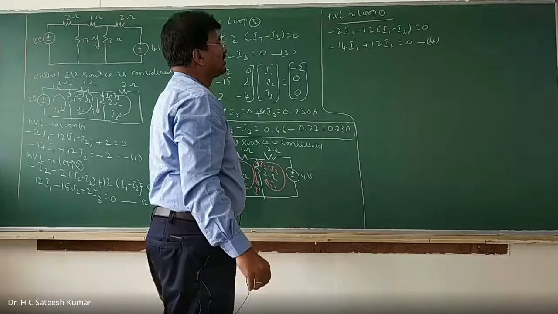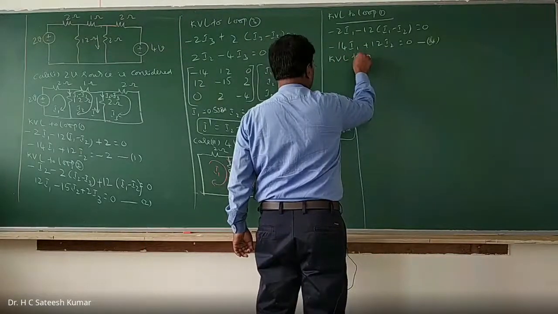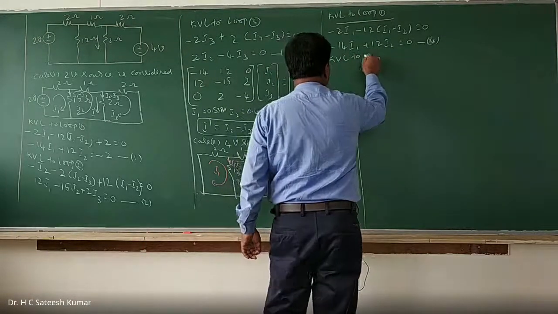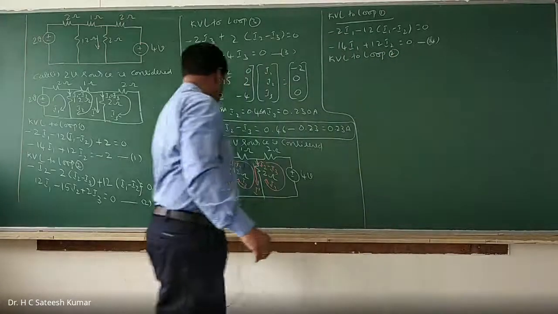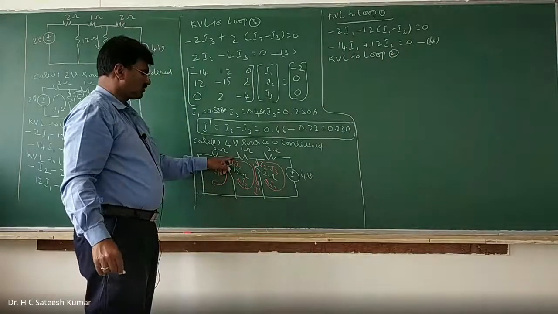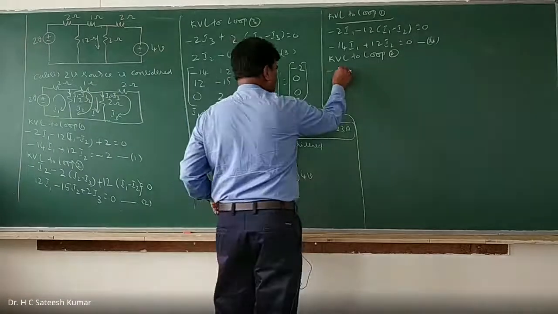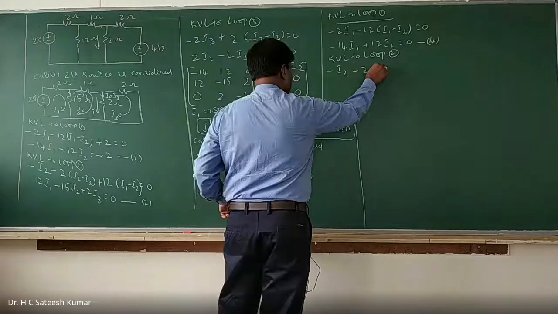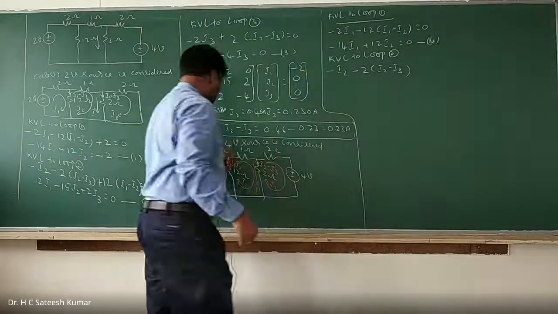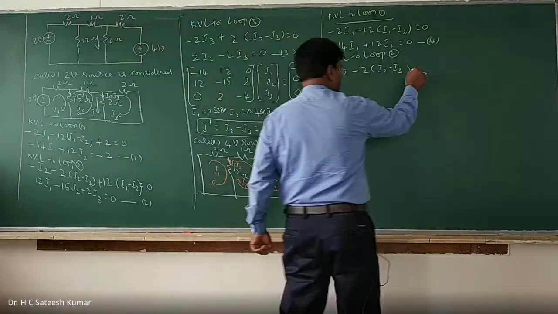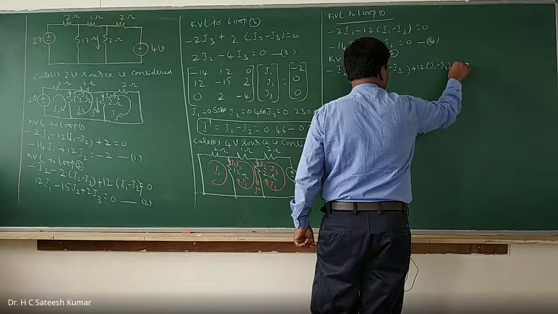What is it that we have? KVL to loop 2. Start from this point. Minus 1 into I2, minus 2 into I2 minus I3, plus 12 into I1 minus I2 is equal to 0.